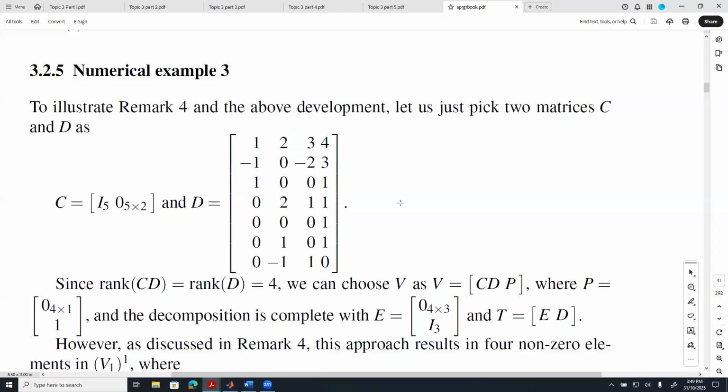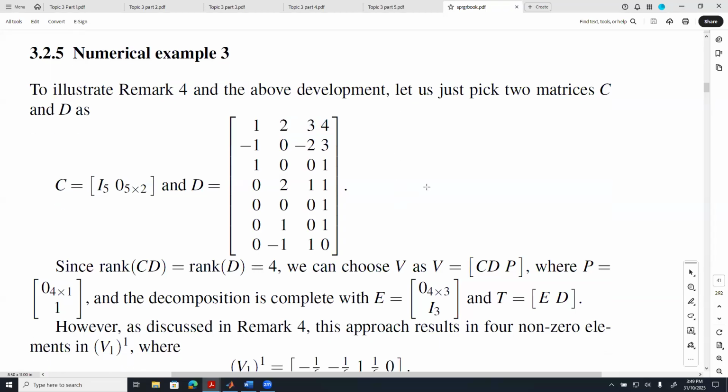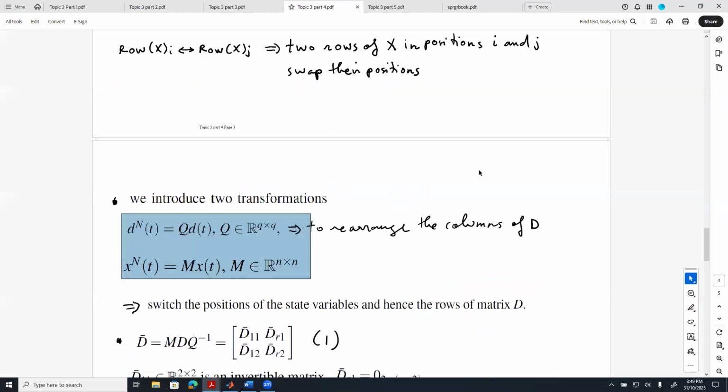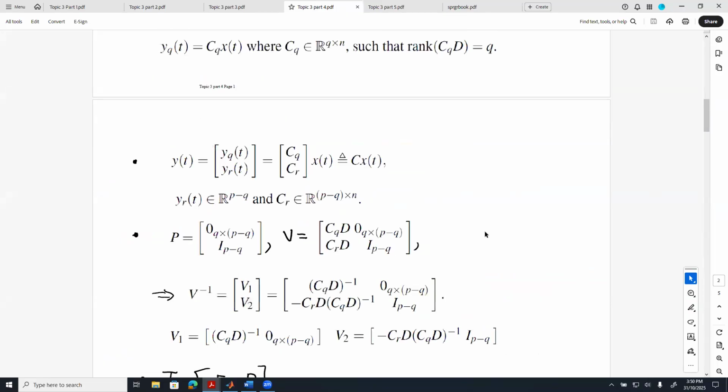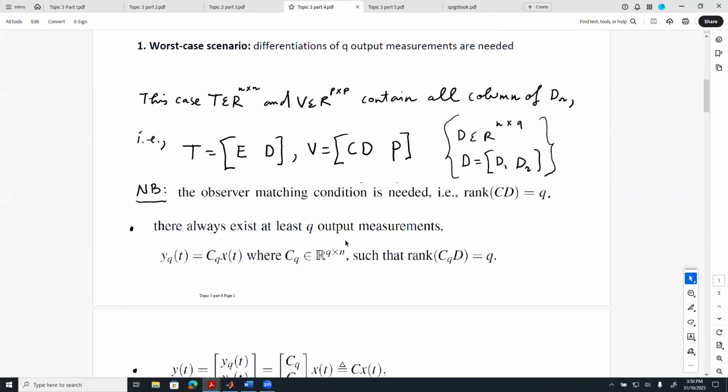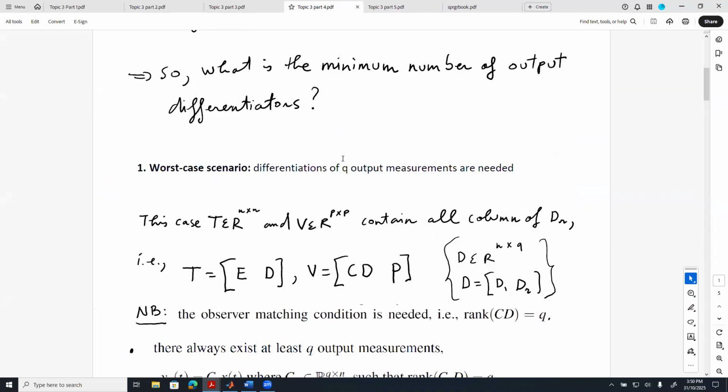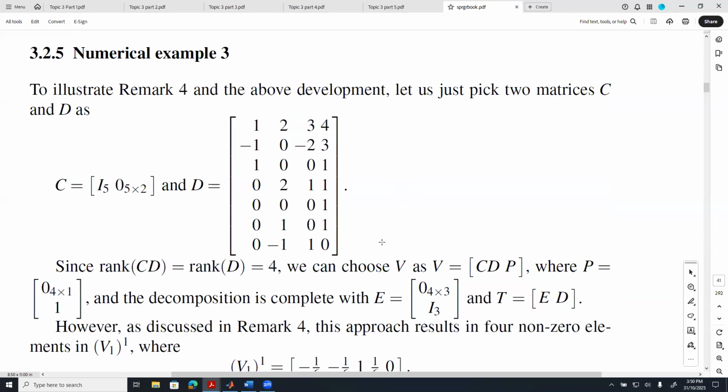So if we do the worst case scenario, which we discussed in the previous presentation, we have to have up to q output differentiators. That means we need to use 4 output differentiators for the worst case scenario.